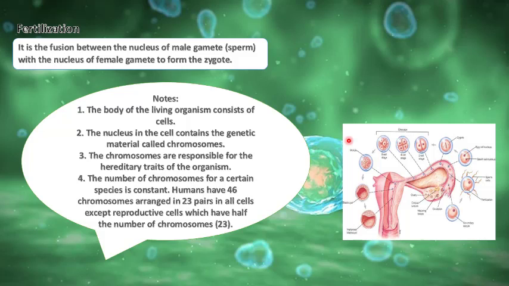Number 3, the chromosomes are responsible for the hereditary traits of the organism. Number 4, the number of chromosomes for a certain species is constant. Humans have 46 chromosomes arranged in 23 pairs in all cells, except reproductive cells which have half the number of chromosomes.